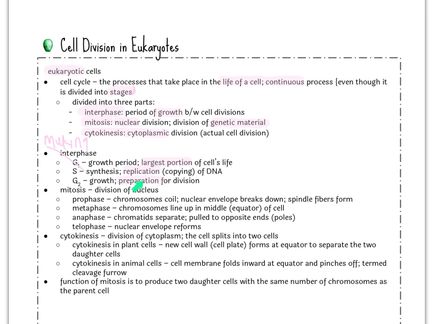And then when it's prepared for division, it will go into mitosis, which is the division of the nucleus. So mitosis is divided into 4 substages. The first one is prophase. And prophase is where the chromosomes are going to coil.